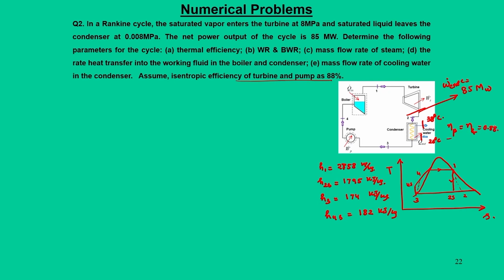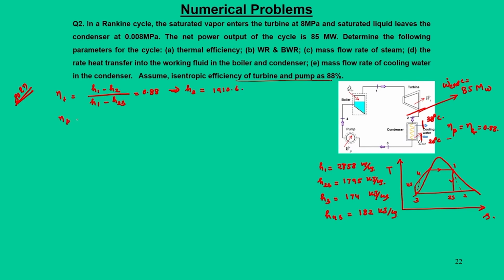Now, with this information, if you try to solve, first we have to use these expressions. Turbine efficiency is H1 minus H2 divided by H1 minus H2S, and this number is 0.88. From this data, we can get back H2, the actual condition of the steam leaving the turbine, and this value will be 1910.6.